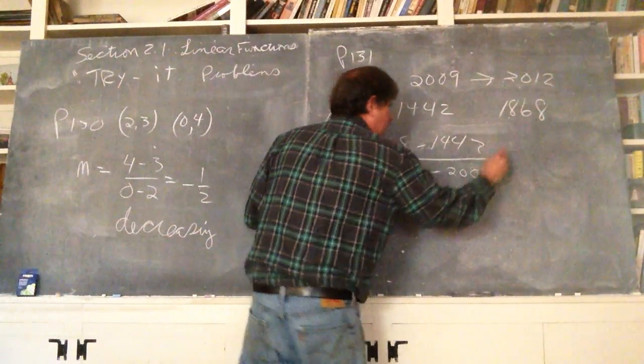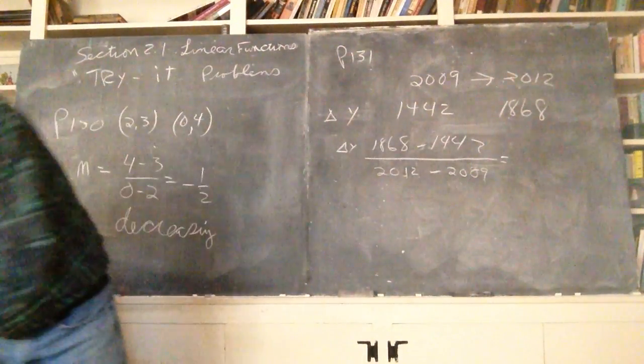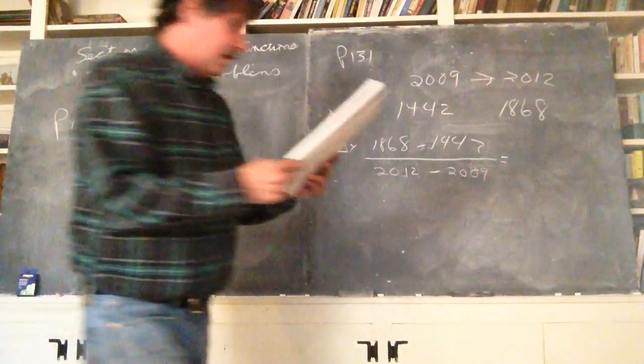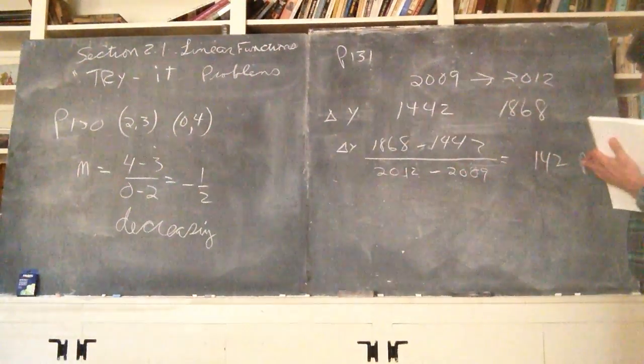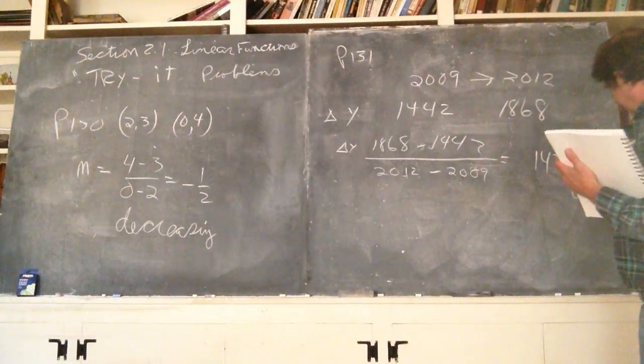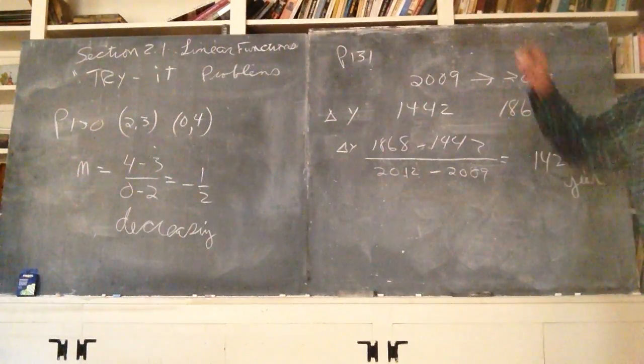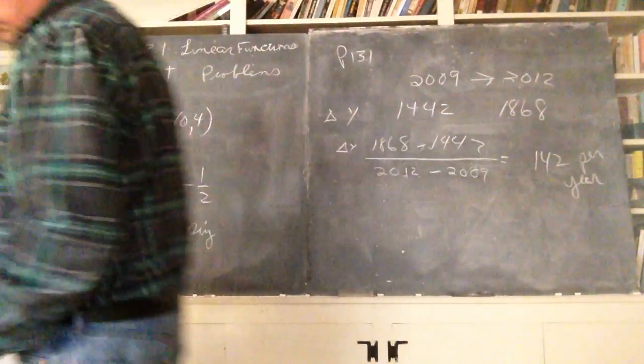The arithmetic works out to 142 per year. So this town is gaining 142 people every year.